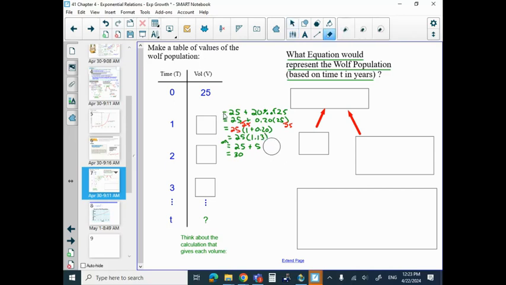Here I'm writing 1.20 because of my example, and this was the 5, and so on. So this is the part that helps you figure out what the equation is. We would have just had a 30 here as numbers, but the thinking about what made those numbers is a bit more complex for this one.